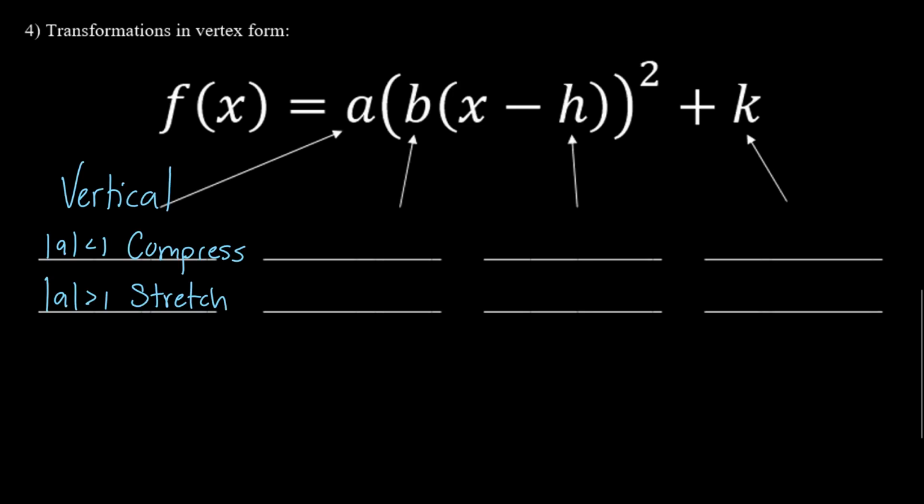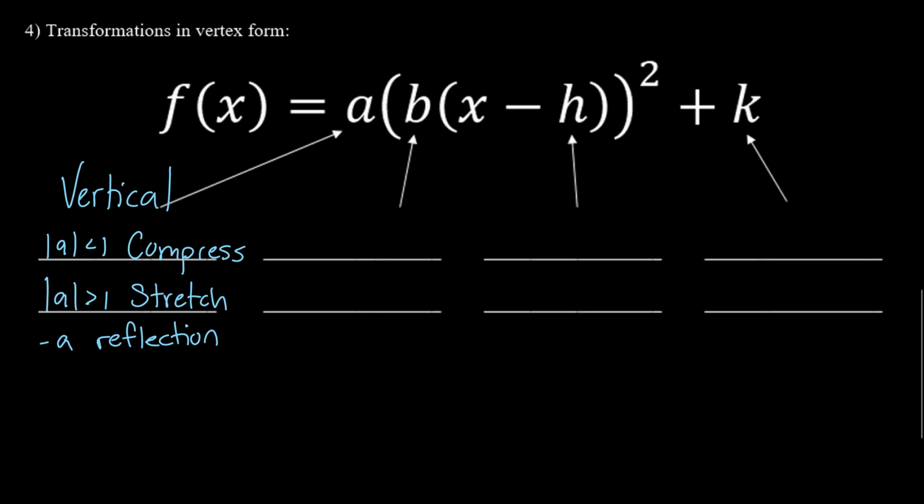That's why it's absolute value, because the negative makes it what? Good. Reflection. It makes it reflect. Over which axis, by the way? Over your x-axis, yes. It's vertical.